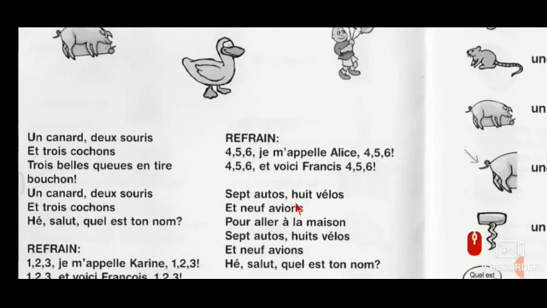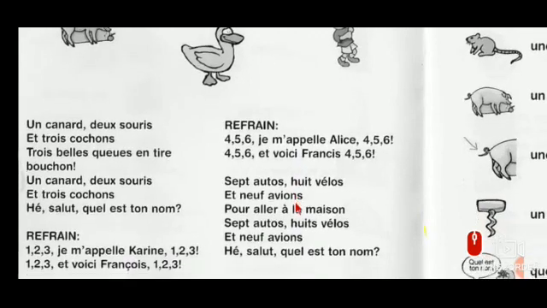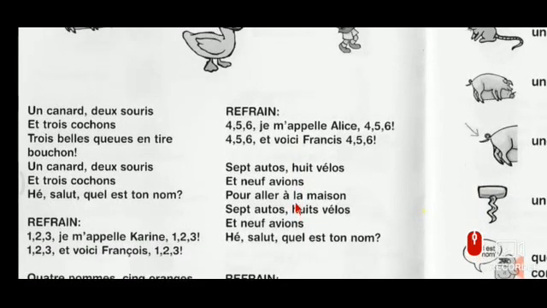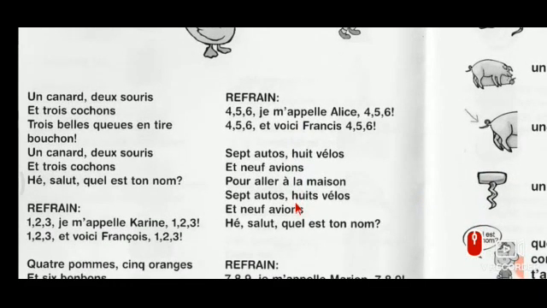7 autos, 8 vélos et 9 avions. Pour aller à la maison, 7 autos, 8 vélos et 9 avions.